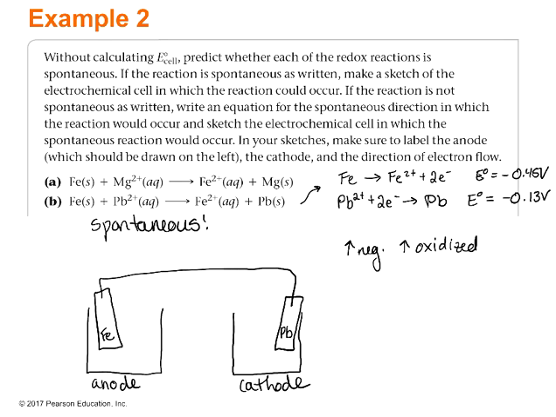Then we'll connect them by a wire, and electrons are going to flow from the oxidation half reaction to the reduction half reaction. Then we also need a salt bridge. And of course, there's some solution on either side. On the left-hand side, we have some iron ions floating around, and on the right-hand side, we have some lead ions floating around.